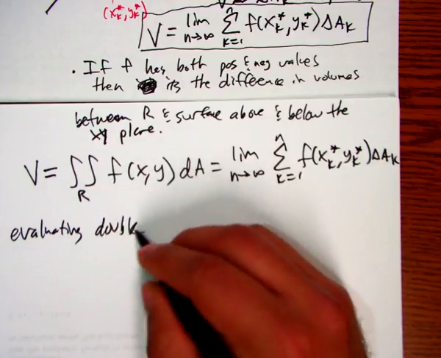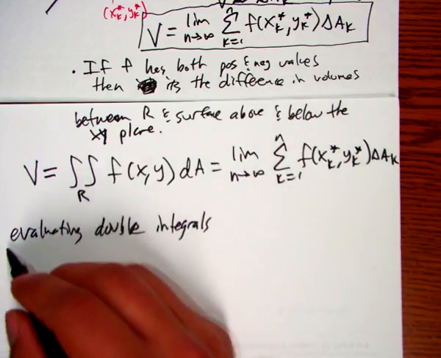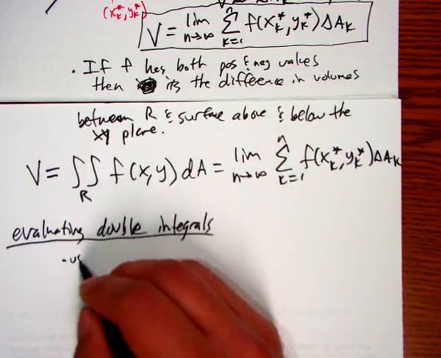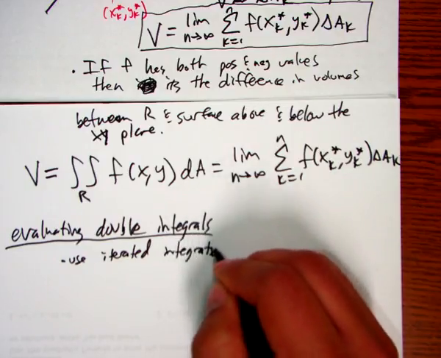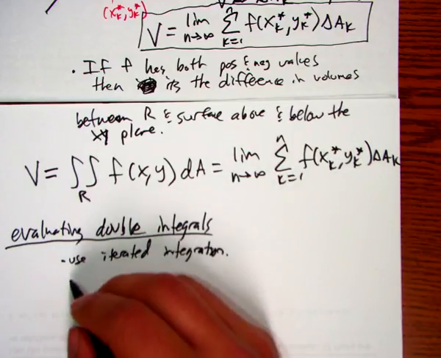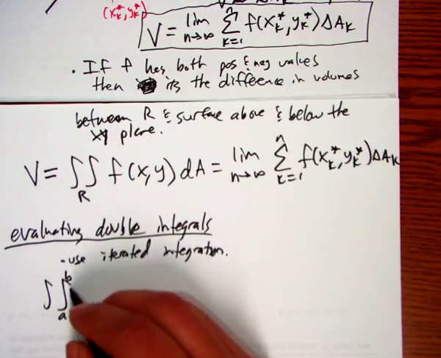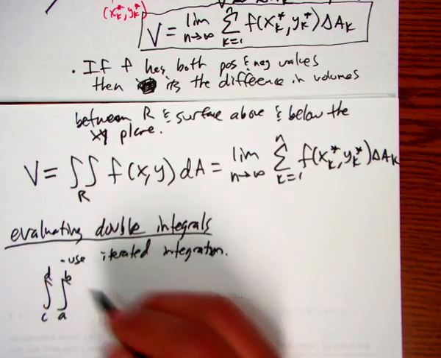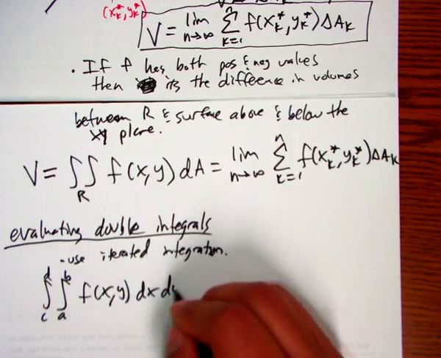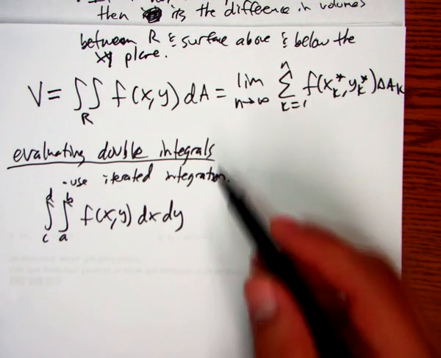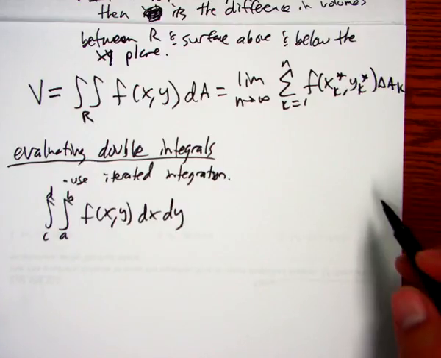we'll start easy today. You're just going to use what we call iterated integration. So if we have the integral from a to b for the inner integral and then c to d for the outer integral, okay, this area will become dx dy once we have a definite integral to work with.